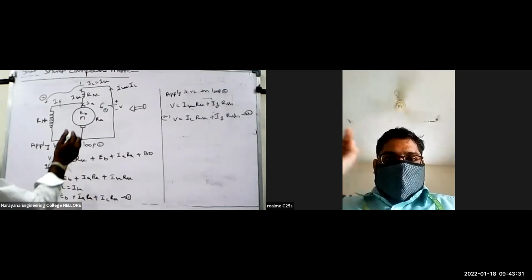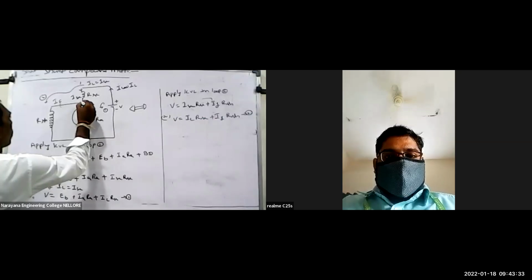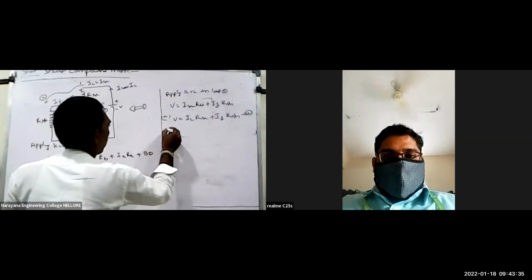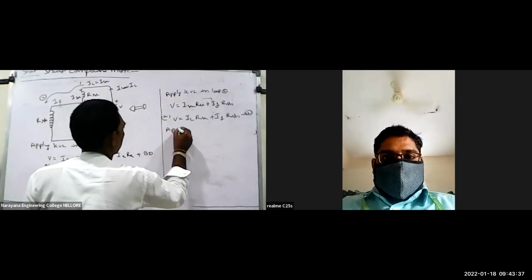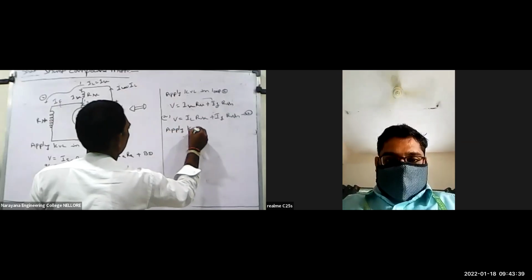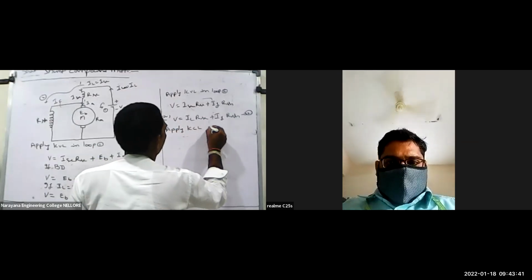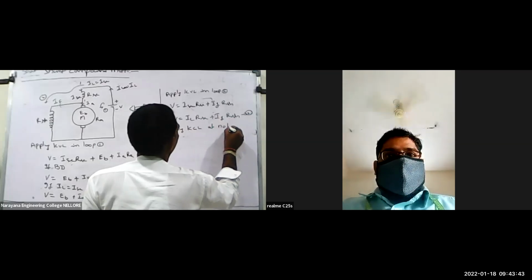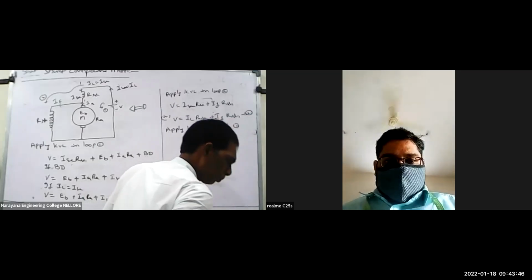So these are the voltage equations, one equation and another equation. Now we will go for KCL at node 1. So apply KCL at node 1.